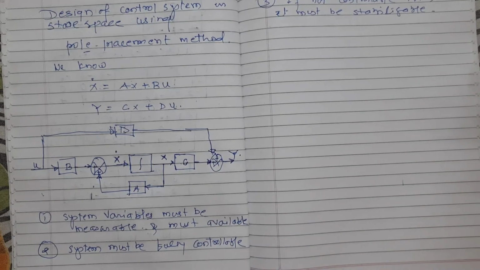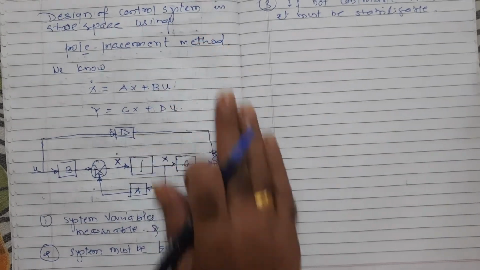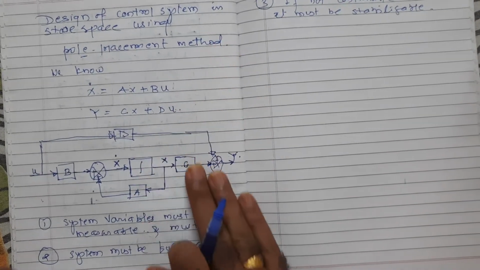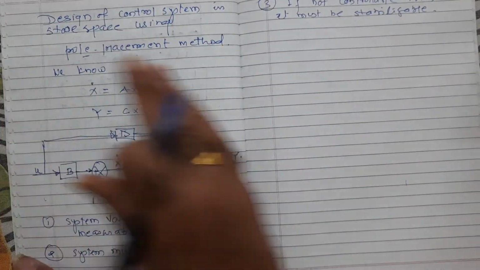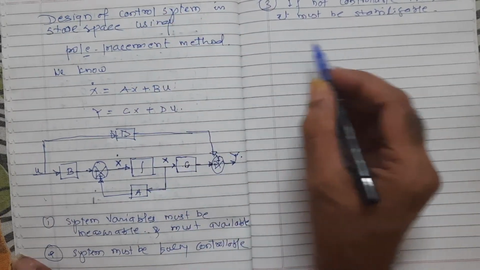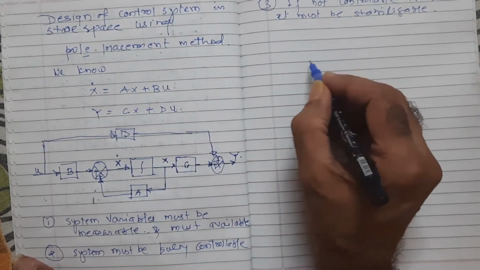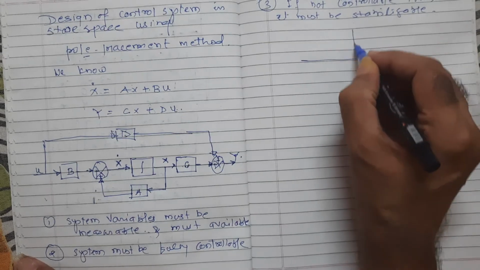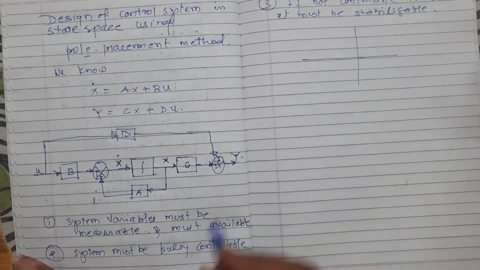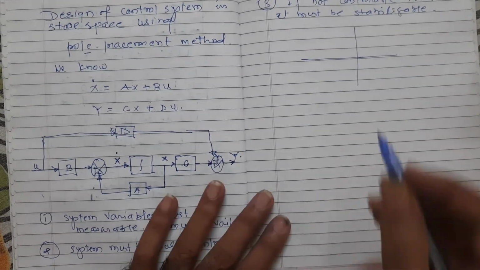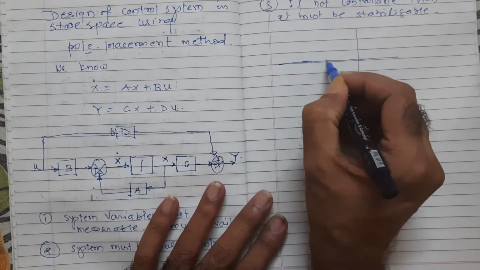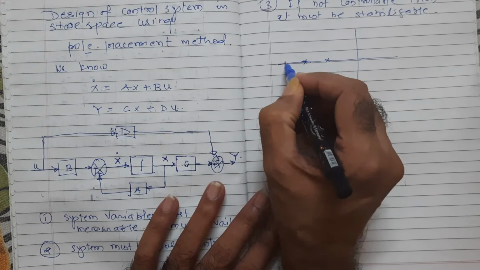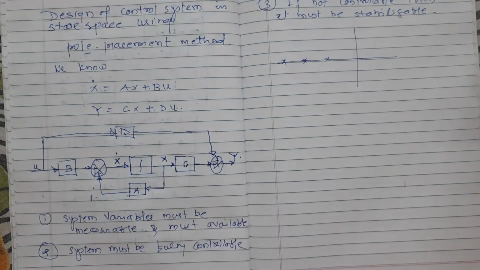Now see here, suppose, let us assume this is my S plane, and my system is completely controllable. That means all the poles are lying in the left half of the S plane.